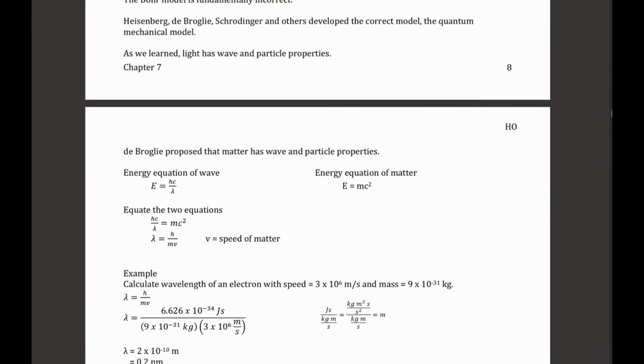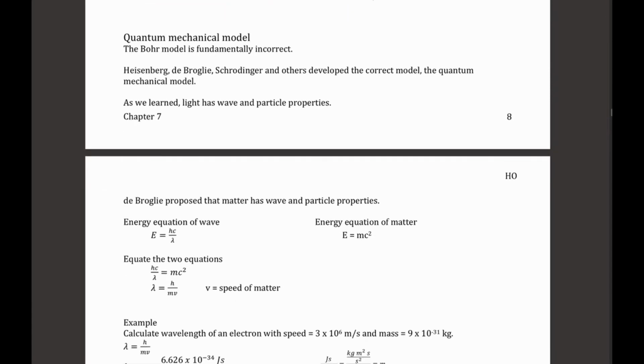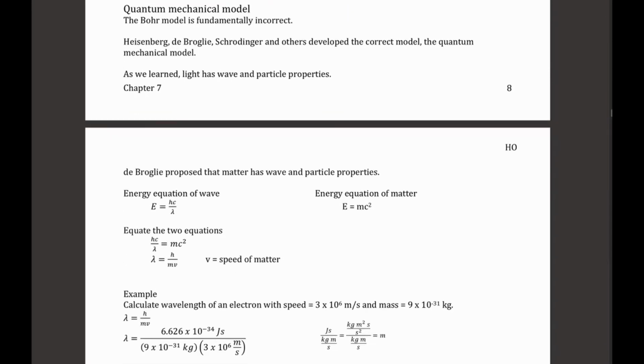Next we get into the quantum mechanical model. Unfortunately, it turns out the Bohr model is fundamentally incorrect. Scientists around the late 1800s, early 1900s, like Heisenberg, de Broglie, Schrödinger, developed the correct model, what we call the quantum mechanical model. So as we learned, light has wave and particle properties.